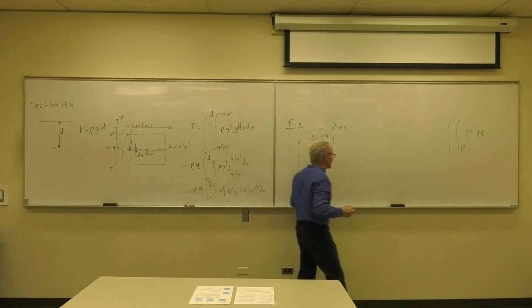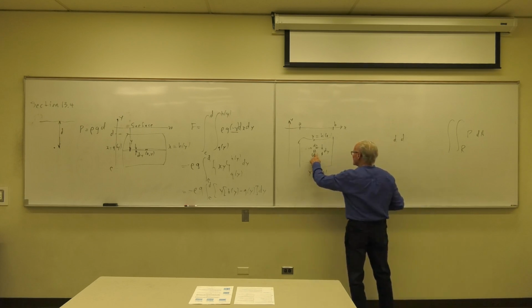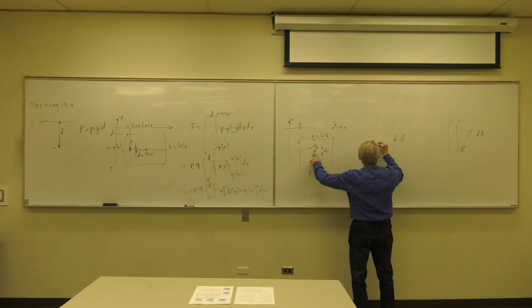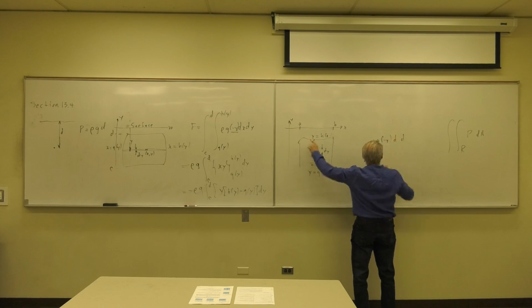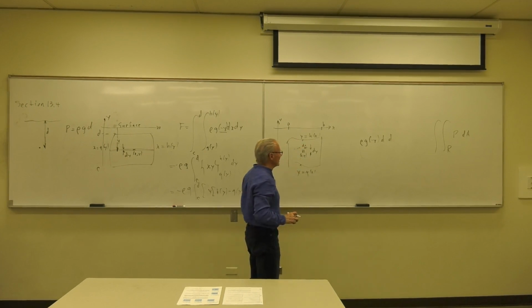That means pressure times area. Area, dA. Pressure at points in this rectangle: rho, g, and depth below the surface. That's minus y. Right? So there's the force on that teensy-weensy rectangle due to the fluid.